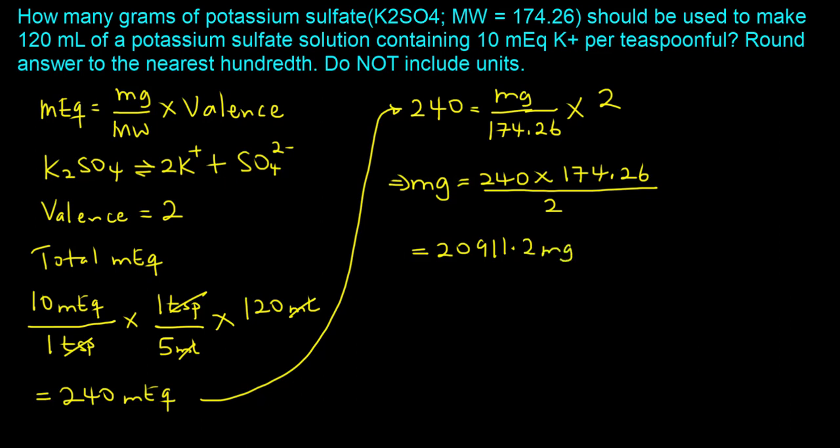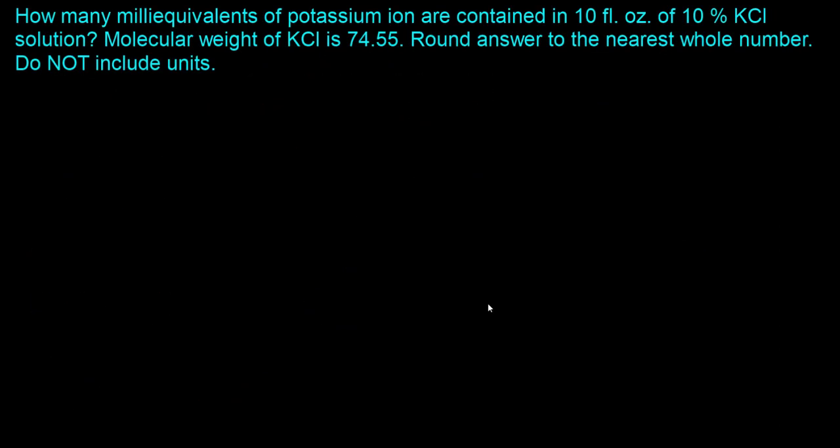But notice that the question is asking for the quantity of potassium sulfate in grams. So we do a quick conversion. You have 1,000 milligrams. It's equivalent to 1 gram. So the milligrams cancel out. And the answer is 20.91 grams.